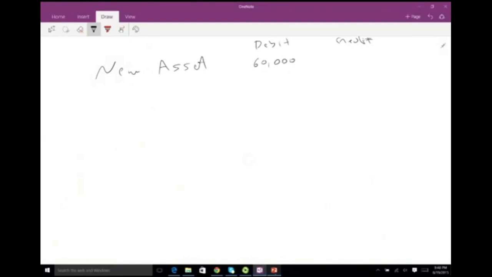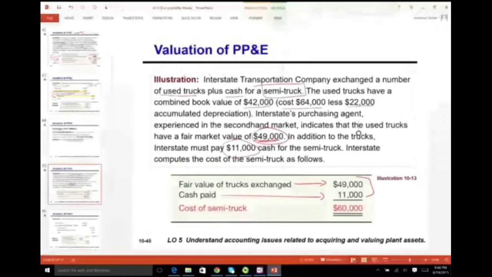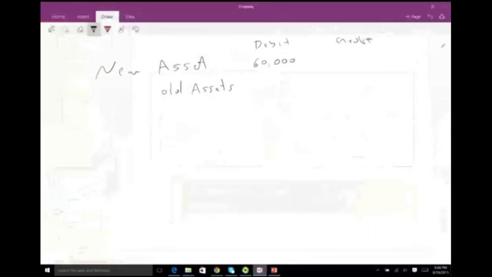So we're going to credit the old assets, there are a bunch of assets, for how much? For 64 and 22 depreciation. Okay, we're going to credit this for 64 to get rid of the old truck, and debit, well, the debit should come first, but that's okay.